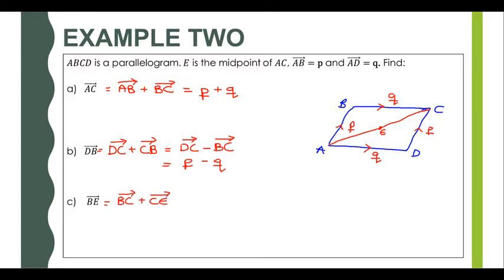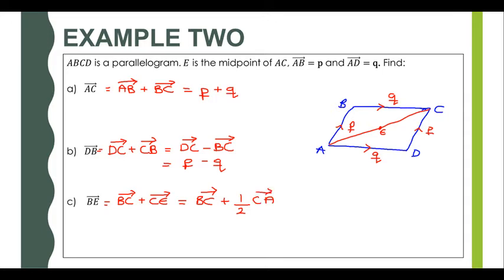But we don't know what the vector CE is. However, we know that it's half of CA. So we can write this as BC plus half of CA.